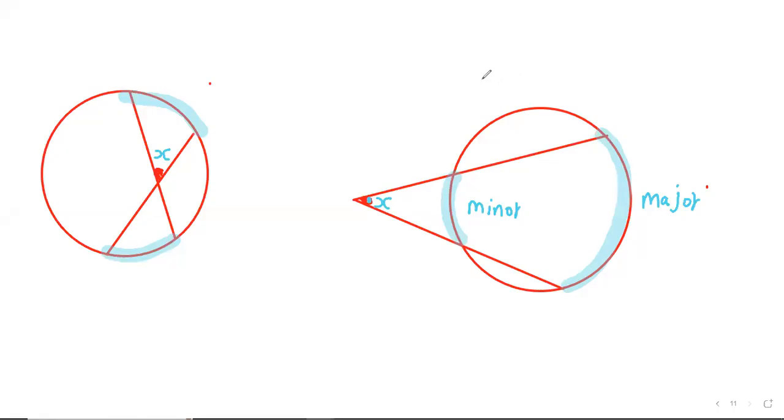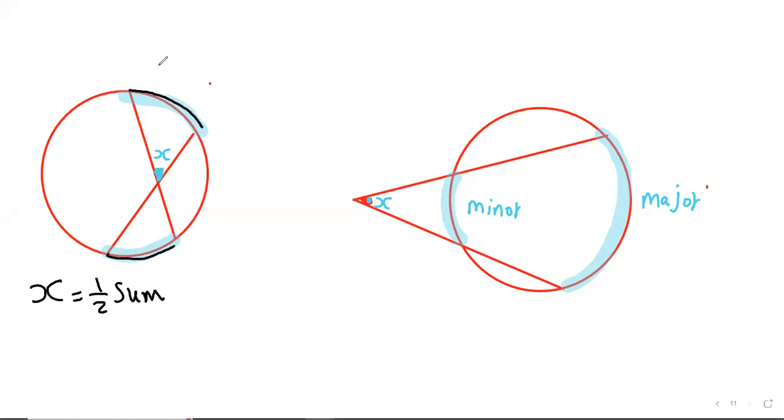If two chords intersect at a point inside the circle, then the measure of the included angle here equals half the sum of the two opposite arcs. So simply, this angle here is the intersecting angle between the two chords. So angle X here equals half the sum of the two arcs included between them.